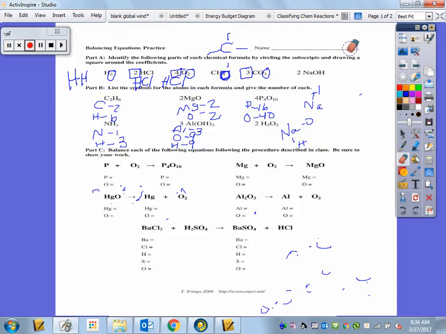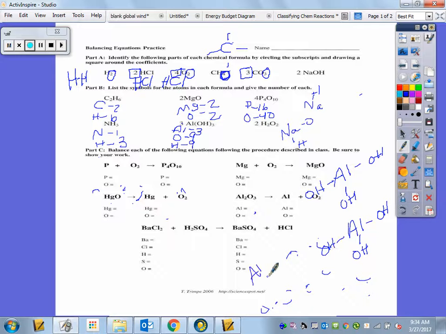So what this molecule is showing us is we have an Al, and then an OH, an OH, and an OH. Okay, that's what Al(OH)3 is. But how many of those do we have? It says we have 3. So OH, OH, OH, and another Al with an OH, an OH, and an OH.